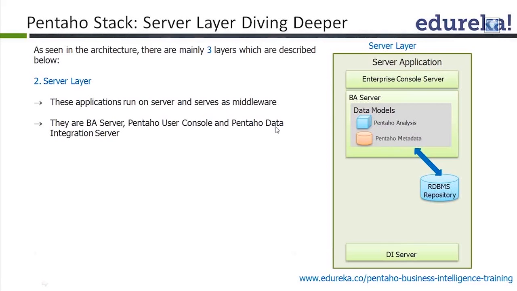As a standard distribution, the DI server is part of the enterprise edition offering, but the community edition can also be run in server mode using Carte. Carte is their server and has configuration files, using which you can configure server and cluster mode. So this is about the server layer.